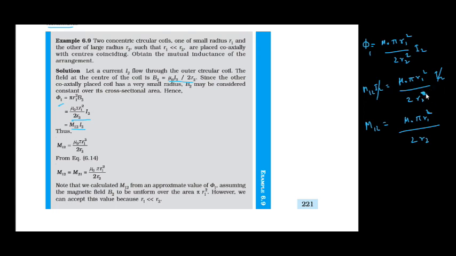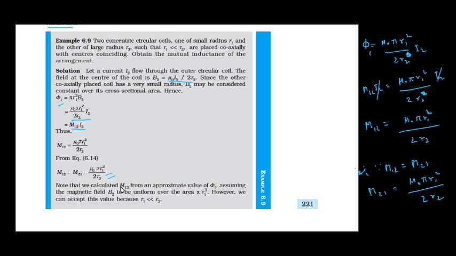And since M12 is equal to M21, therefore M21 will also be equal to mu naught pi R1 square upon 2 R2.